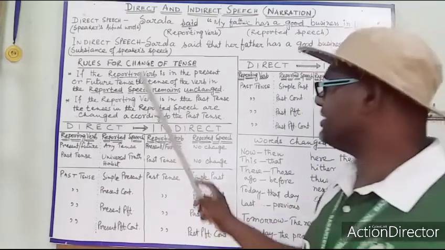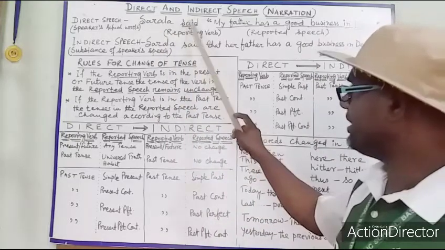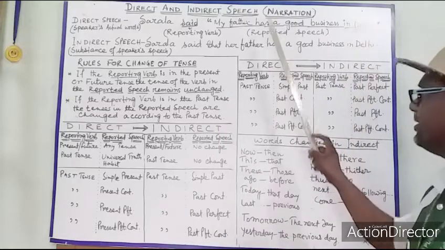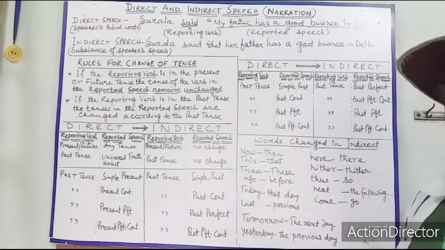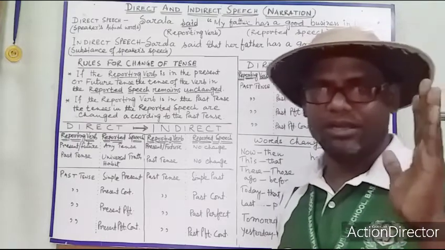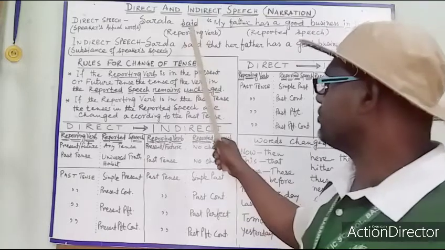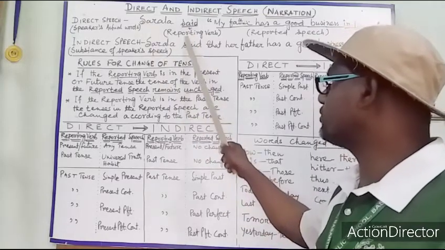So you can see, Sarala said here. Said is the reporting verb and "My father has a good business in Delhi" is the reported speech. This should be remembered till the end of the video. You have to remember that here, Sarala said is called the reporting verb.